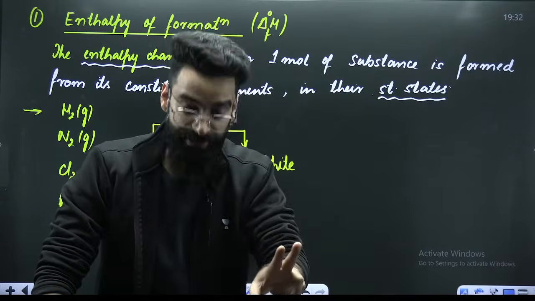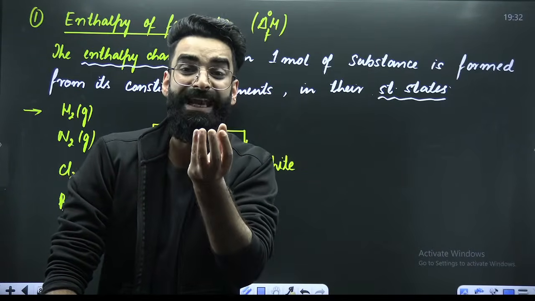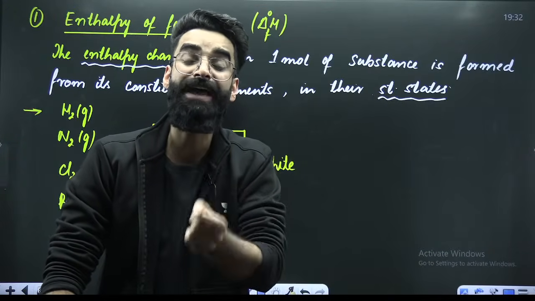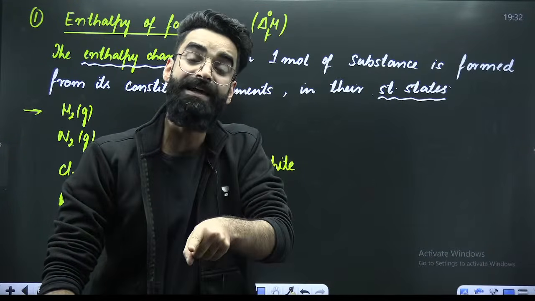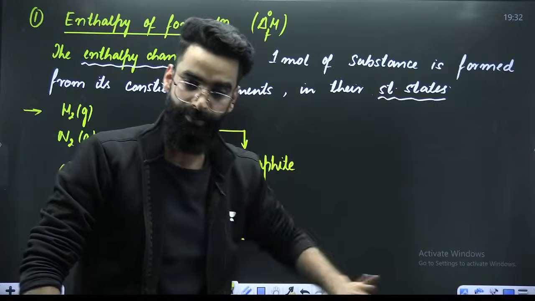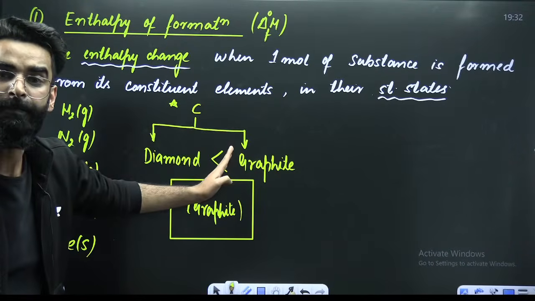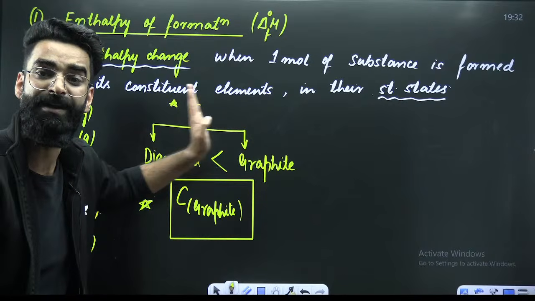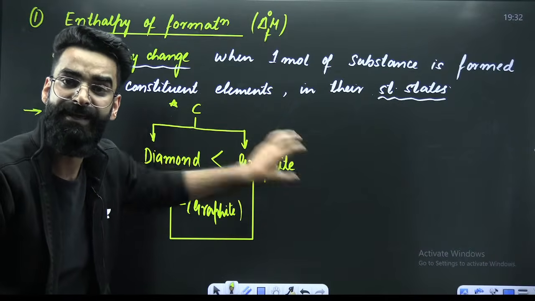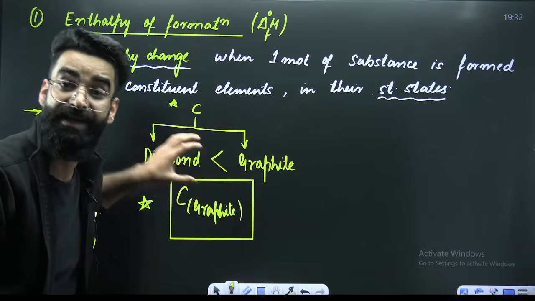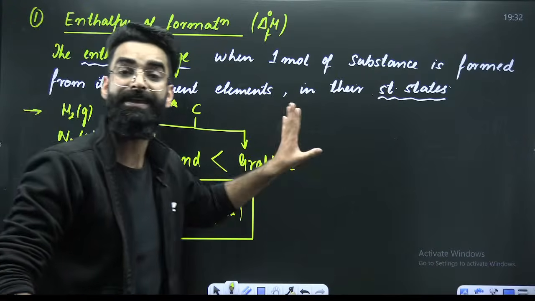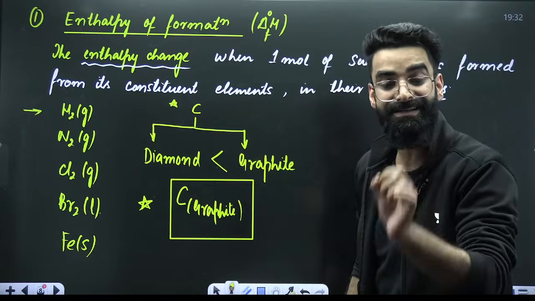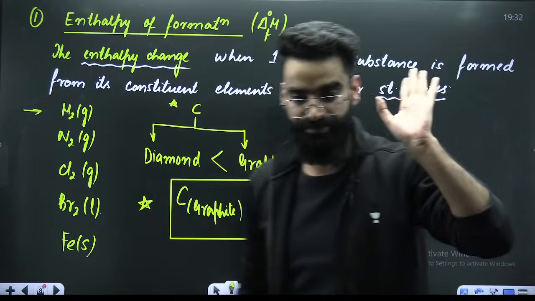Number two, whenever you see an element which has allotropes, that allotrope which is thermodynamically more stable will be considered as the standard state of the element. Like carbon: its two main allotropes are diamond and graphite. Thermodynamically, graphite is more stable, so graphite is what I will call the standard state of carbon. I believe this is clear to everyone.